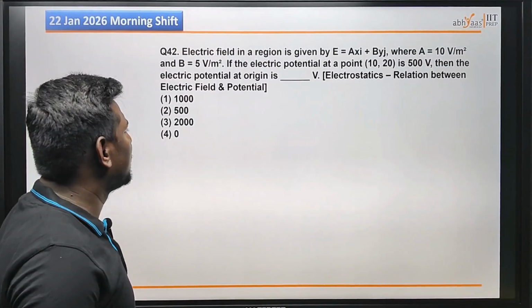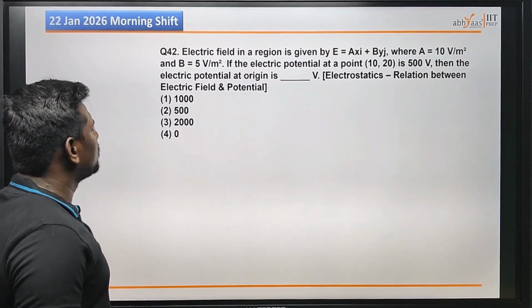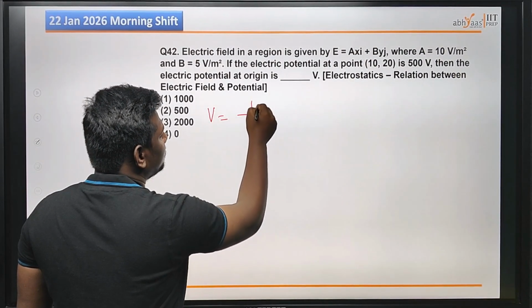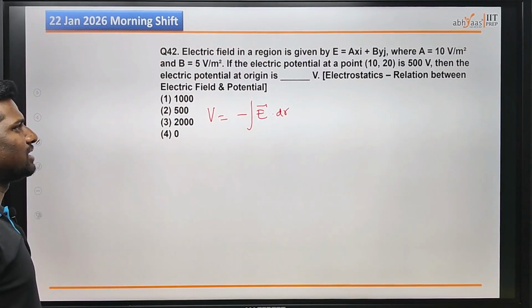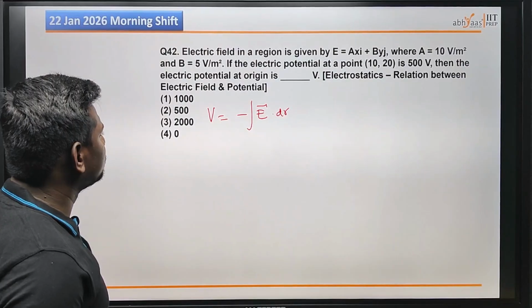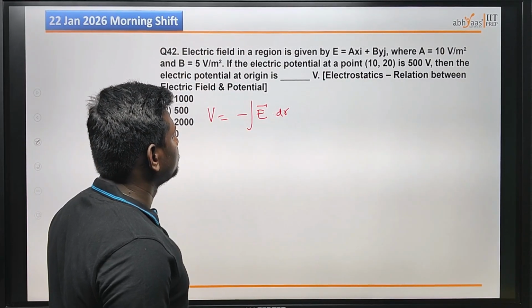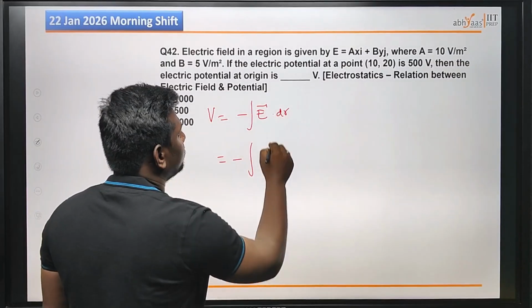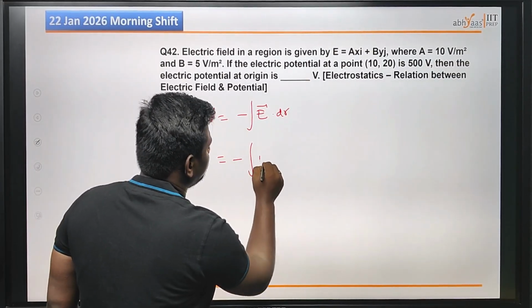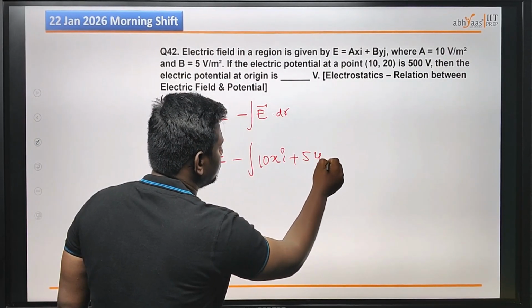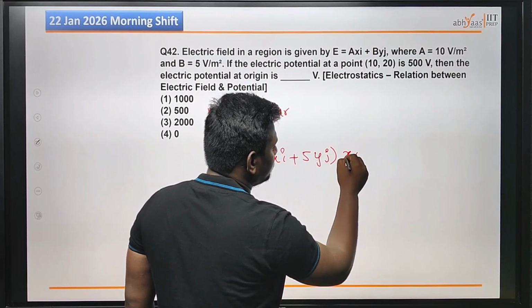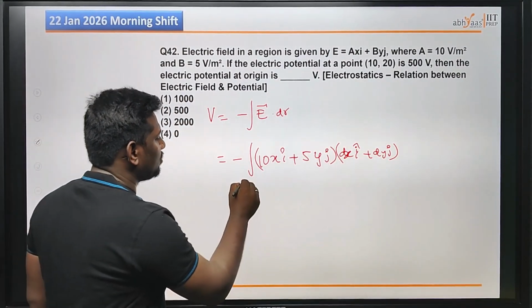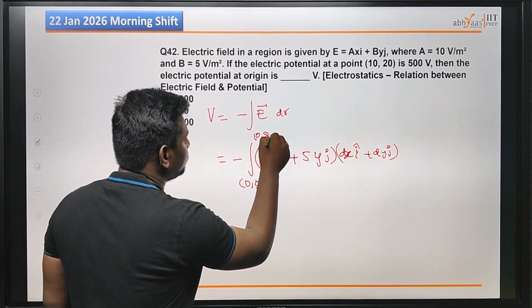We know the formula, potential V equal to minus integral E dot dr. Substitute the values: what is the A value? 5. E is 10x i cap plus 5y j cap, dot dx i cap plus dy j cap, integral from (0, 0) to (10, 20).